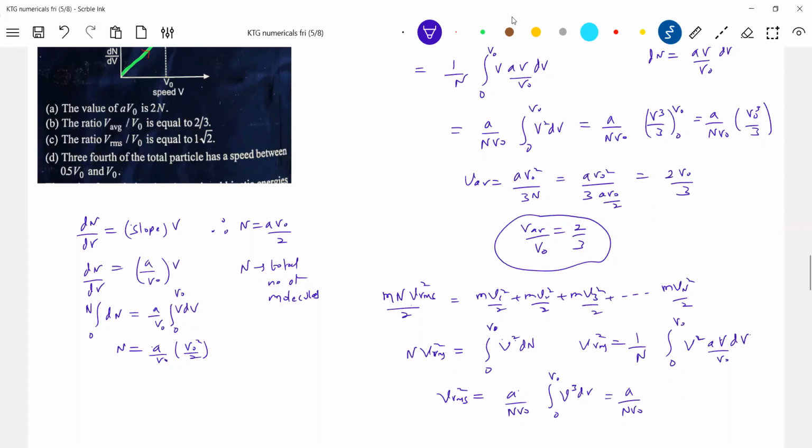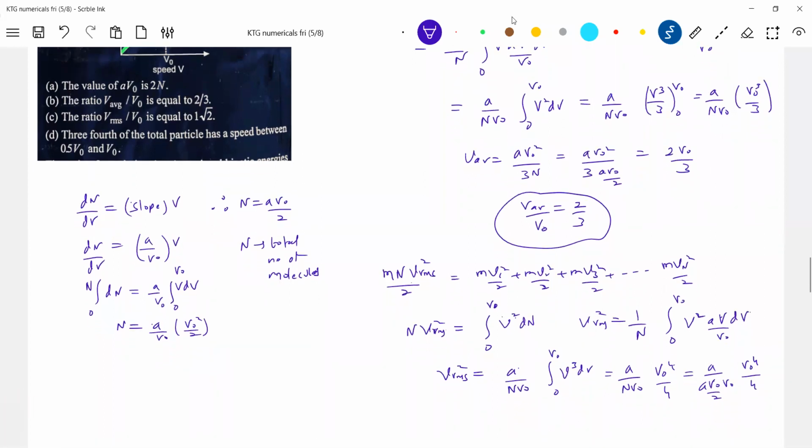Next, what do we get? This will be v naught to the power of 4 by 4. Now, what is N? N is A v naught by 2. How much are we getting? v naught square by 2. So finally, what is v RMS? v naught by root 2. So v RMS by v naught will be 1 by root 2.